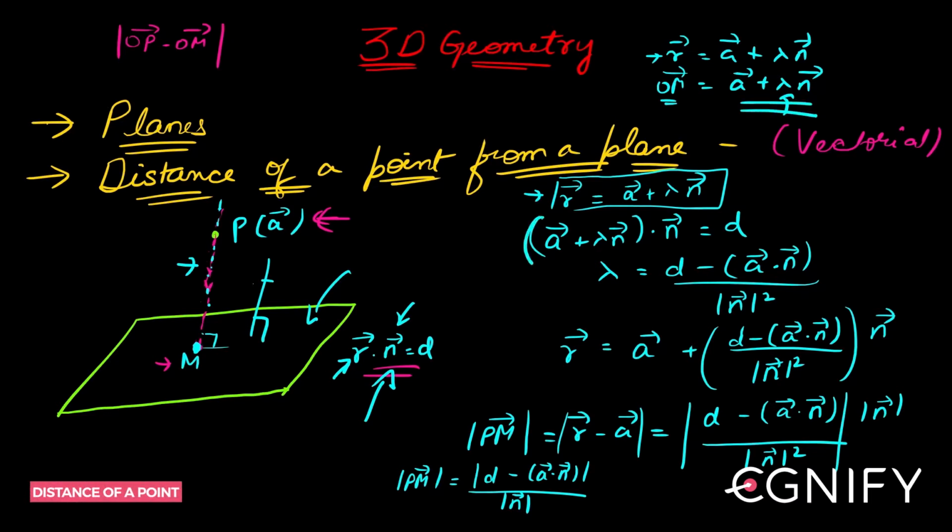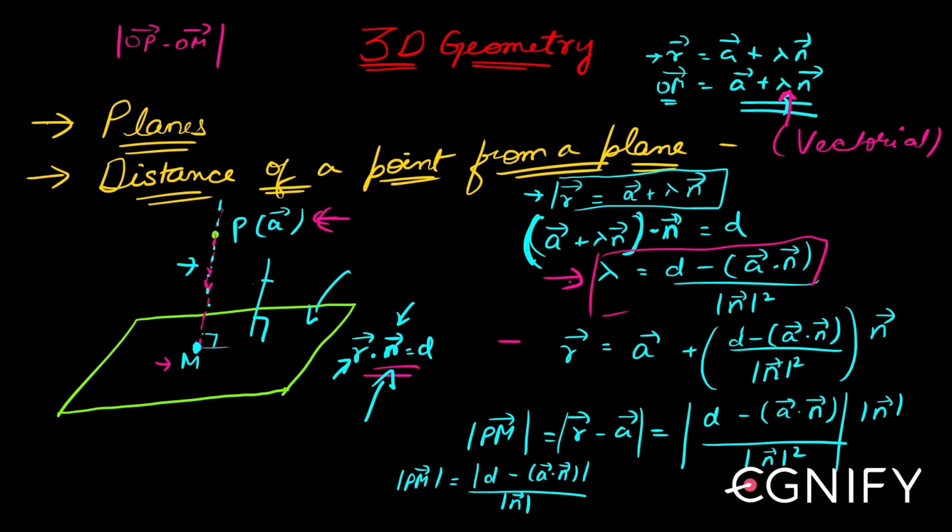So I'm putting that here and dotting it with N. Because R dot N is equal to D, instead of R, I'm putting the position vector of M. I'm taking the dot product of N with that, and that is equal to D. When I solve this, I'll be getting this lambda, which I was looking for, right? So I'll put this lambda back in this equation to get my OM, right?